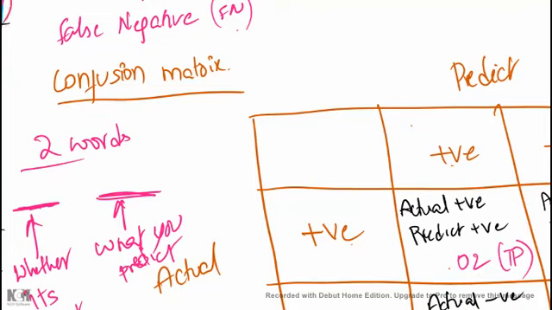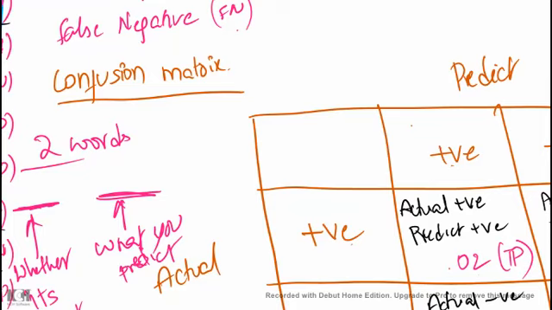Now this one, what is the category? True negative. This one, false positive. This one, true positive. This one, false positive. This one, true negative. True positive, false positive.